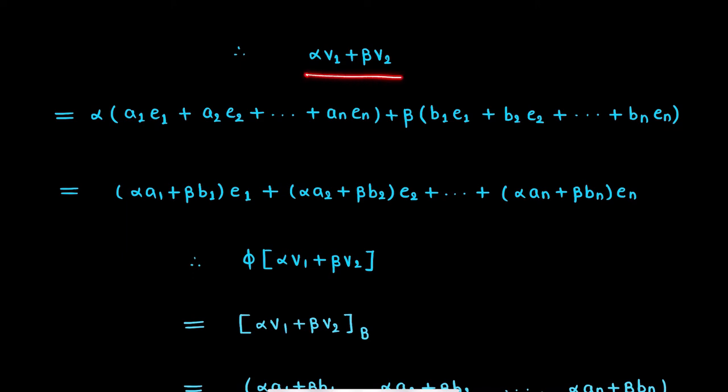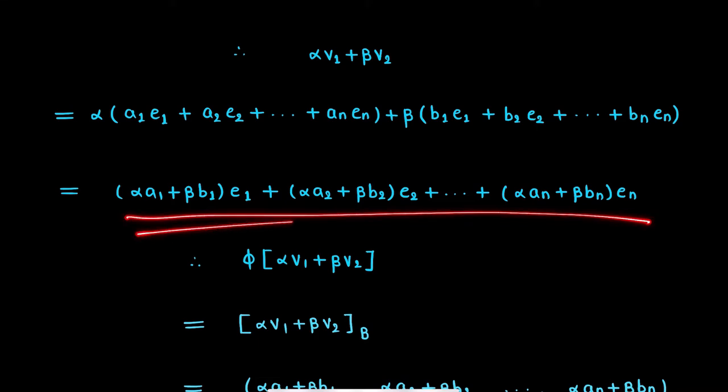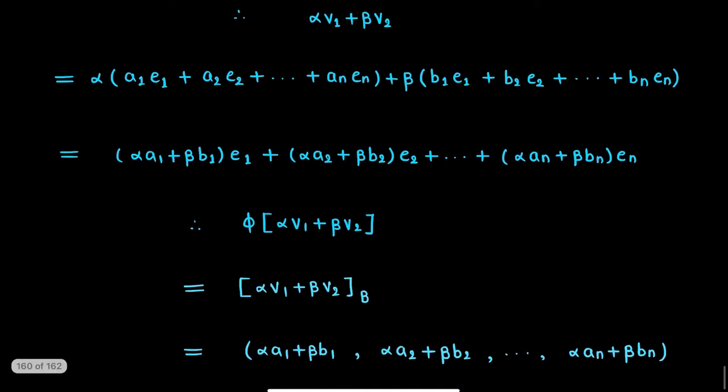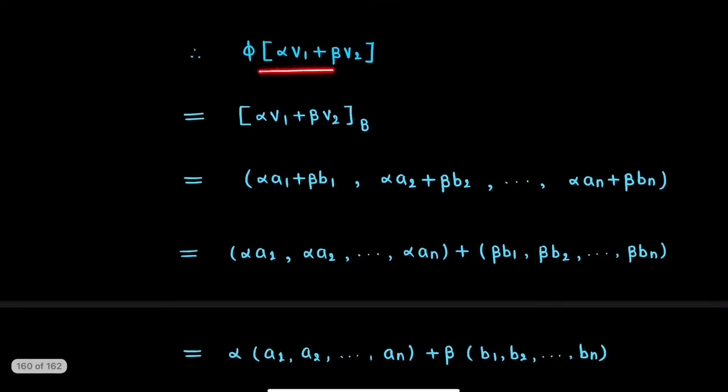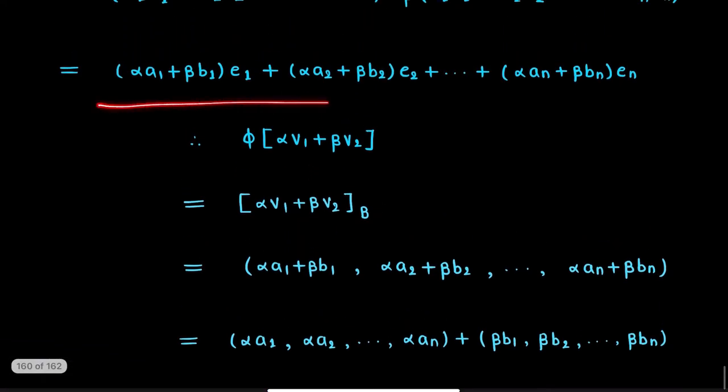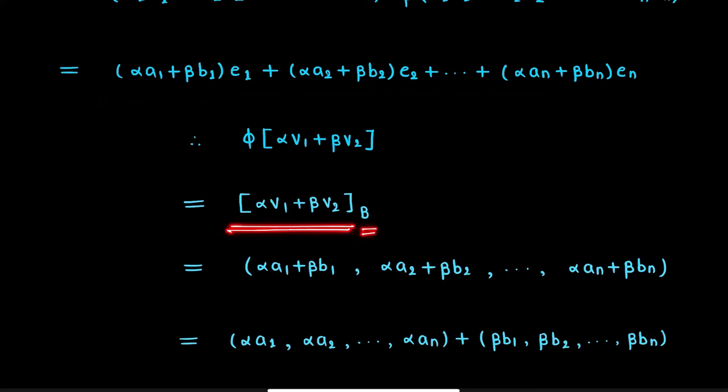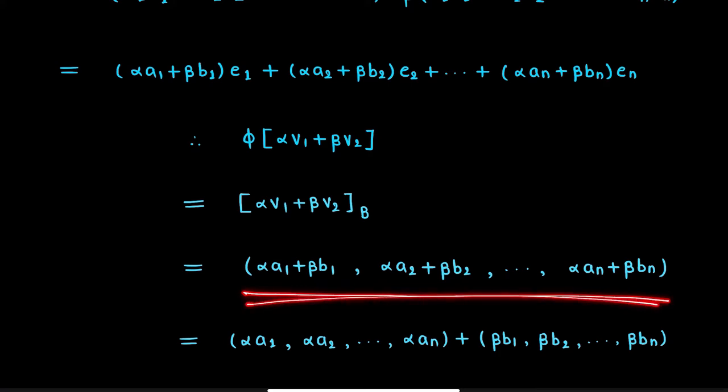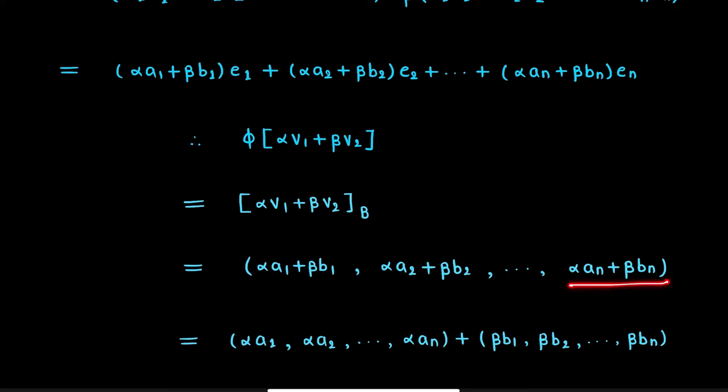So alpha v1 plus beta v2 has a representation of this type with respect to basis B. So phi of alpha v1 plus beta v2 will be the coordinate of alpha v1 plus beta v2 with respect to basis B, and from this representation, we know that the coordinate of alpha v1 plus beta v2 with respect to basis B will be this vector: alpha a1 plus beta b1, alpha a2 plus beta b2, and so on, up to alpha an plus beta bn.